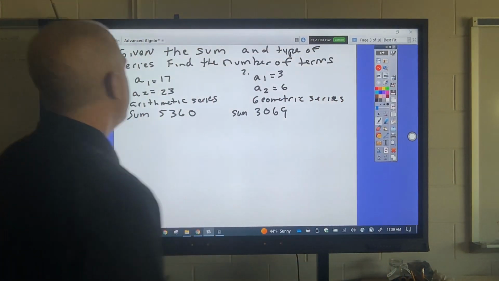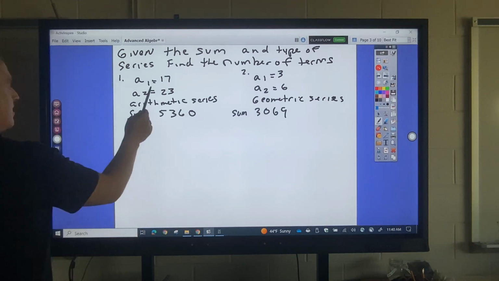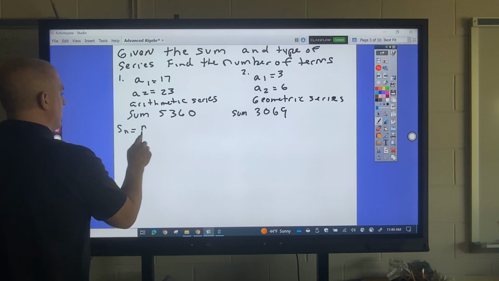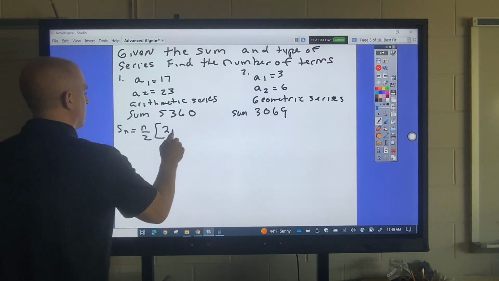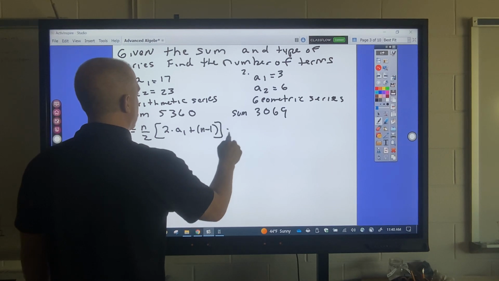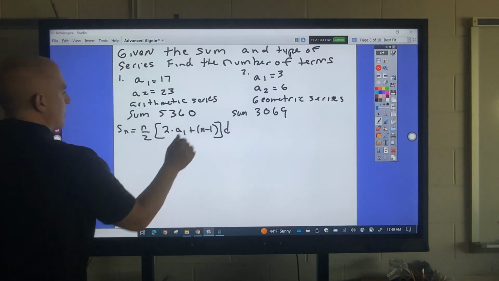Given the sum and the type of series, find the number of terms. Very similar, I have to use the sum. They're telling me it's arithmetic, so this is the arithmetic one. Once again, the big thing I have to figure out is the difference.